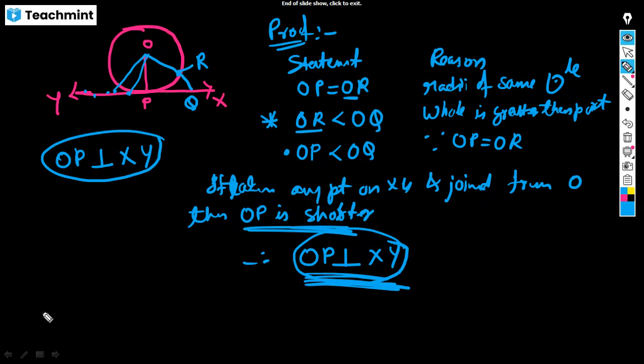Yes. Then it is proved that OP is the shorter distance, and any line segment from O to XY is greater than OP. Then OP is perpendicular to XY. Exactly. You have got the idea about all these things.